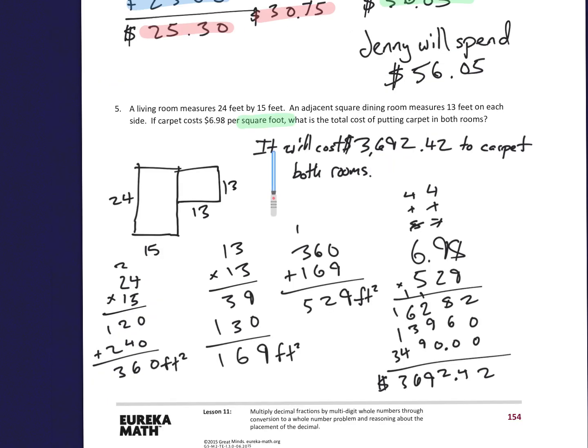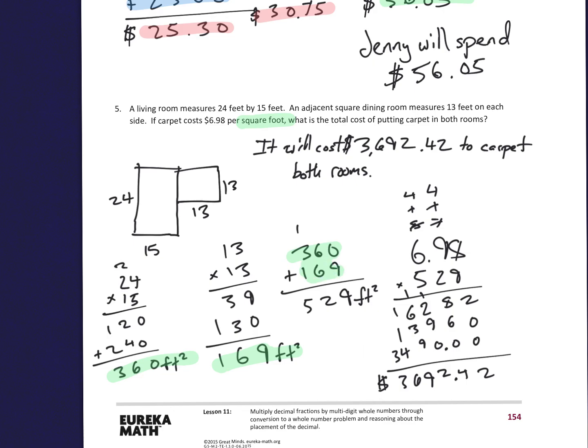So the answer should be something like this. It will cost $3,692.42 to carpet both rooms. So right here, we got our 360 square feet and 169 square feet. So that's this square feet, and that's this square feet. But we need carpet for both of them, so we need to add those together.